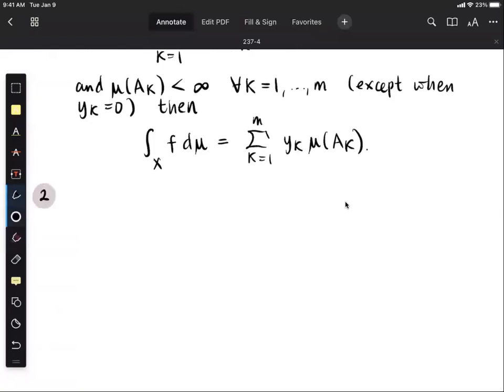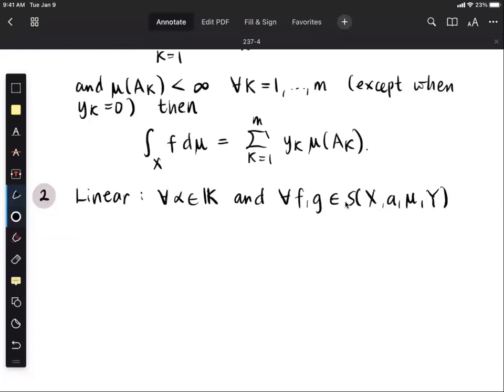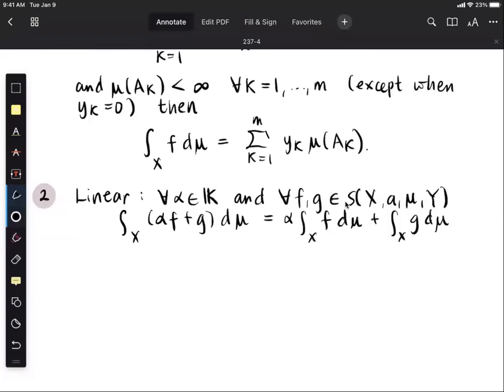One can also show that it is linear. So the Lebesgue-Bochner integral is linear, which means that for any scalar alpha and for any simple functions f and g in this pre-measure space with values in Y, the Lebesgue-Bochner integral of the linear combination is the linear combination of the Lebesgue-Bochner integrals. So that's linearity of the integral.